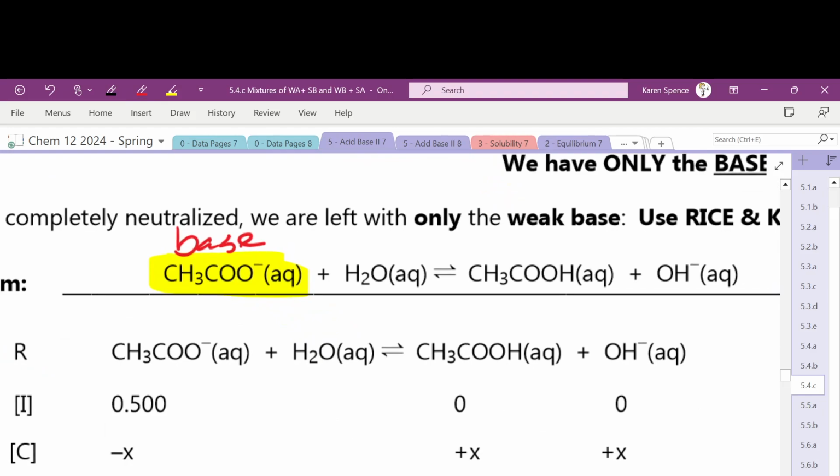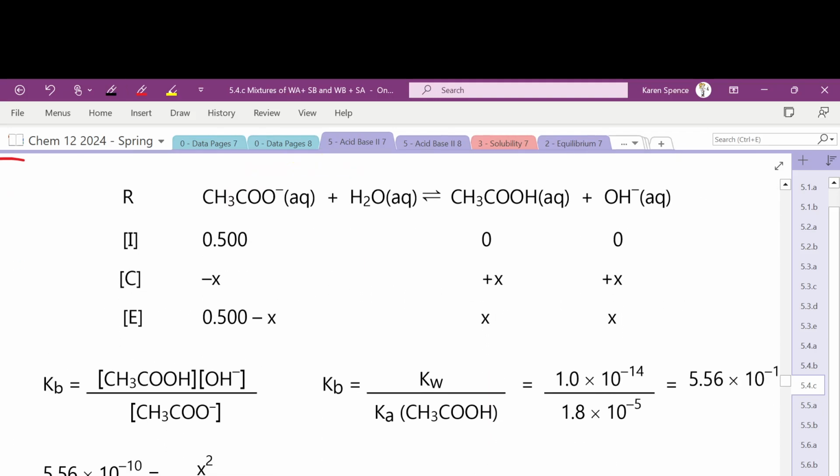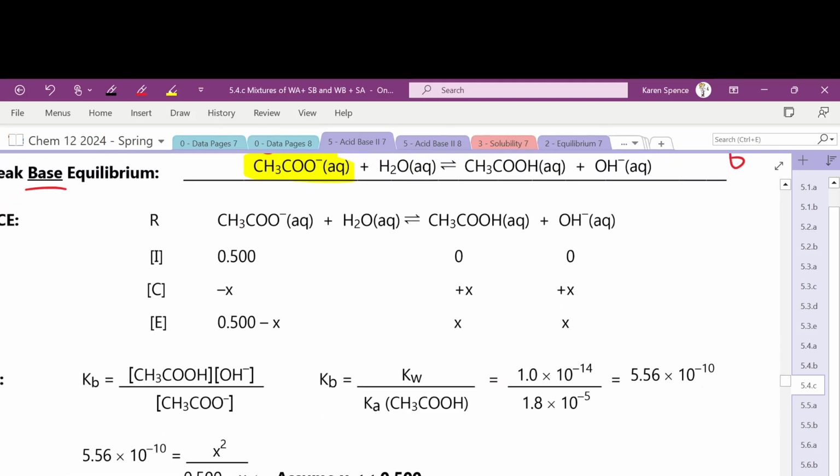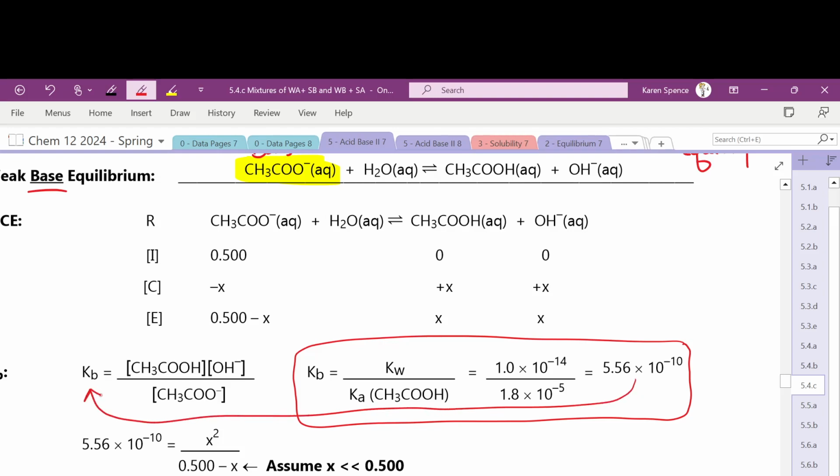We put it with water, we get CH3COOH and OH minus, and so on, plus X, minus X, et cetera. You need to find the Kb value. This is a separate calculation, which is going to let you take this number and pop it in over here.